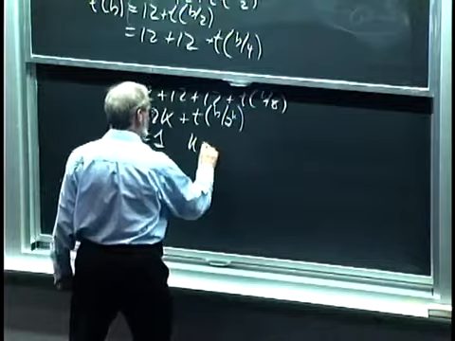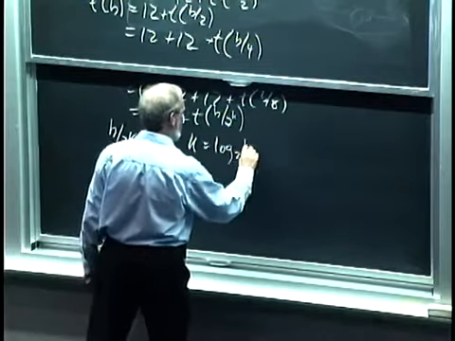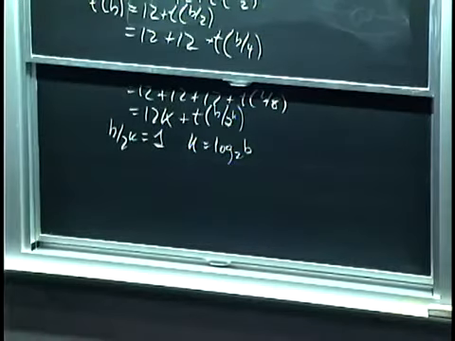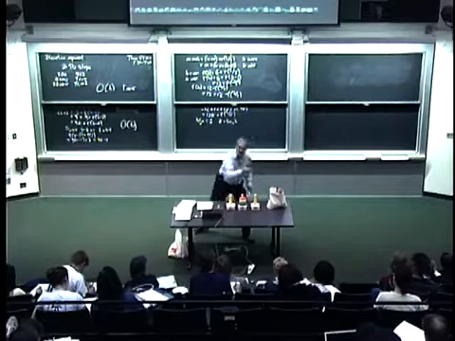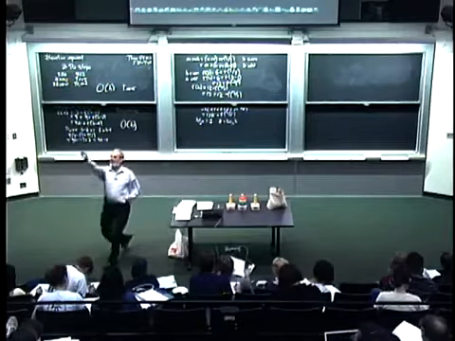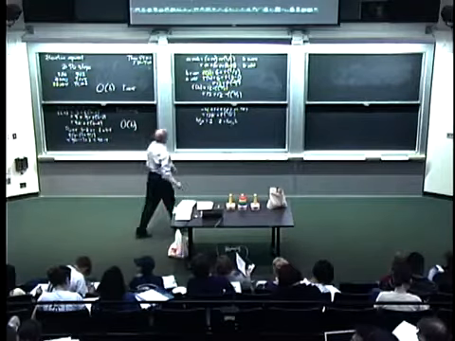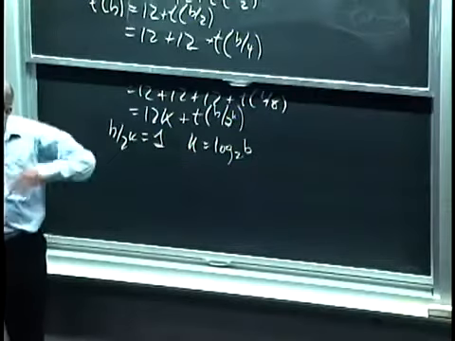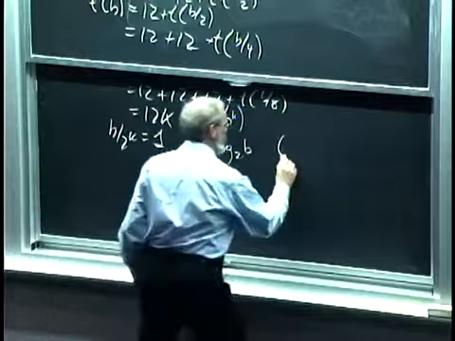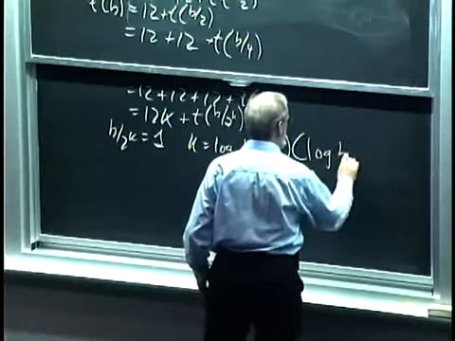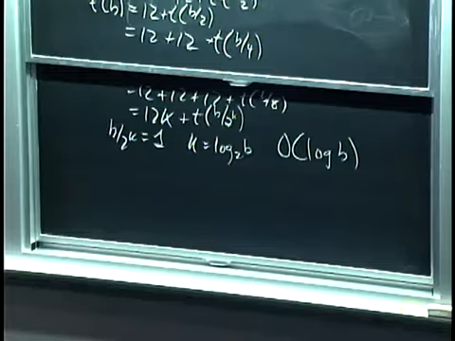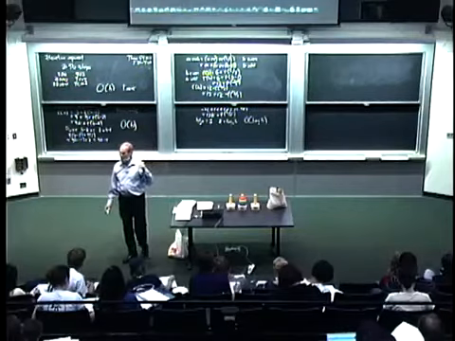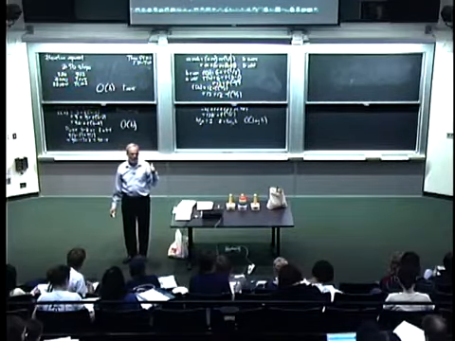That's when K is log base 2 of B. You're sitting a long ways back. I have no idea if I make it this far or not. Thank you. Okay? There's some constants in there, but this is order log B. Logarithmic. This matters. This matters a lot. I'm going to show you an example in a second just to drive this home.